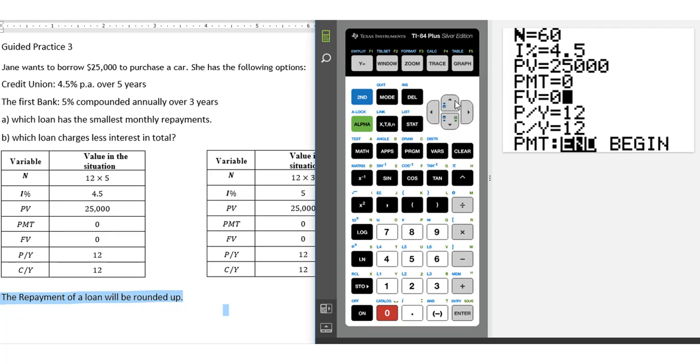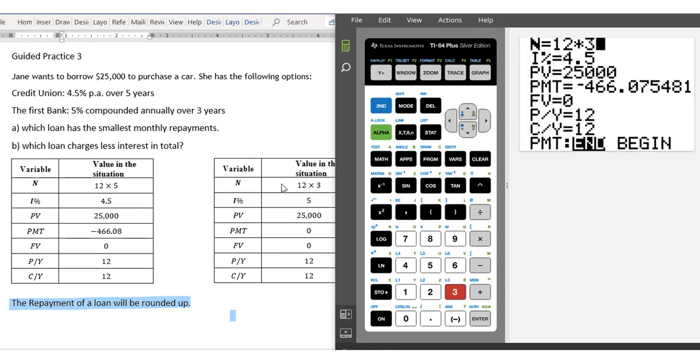Both are 12. So we go to PMT. We are looking for it, alpha, enter. They give you negative $466.08 because here you have to round up. The repayment of a loan will be rounded up.